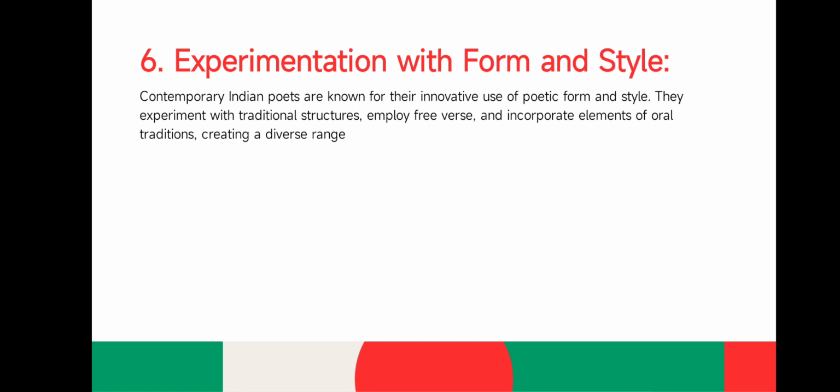Oral tradition is something that was forgotten, that was not considered literature before in traditional academics. But with the advent of modernism, with the advent of new ideas, these oral traditions also found their way into mainstream literature. So it created a diverse area for Indian literature to explore and to grow.